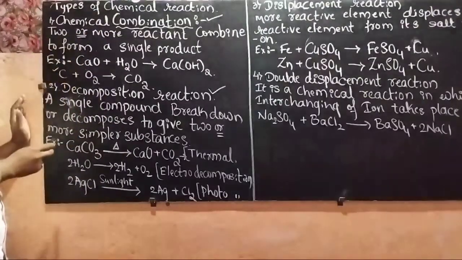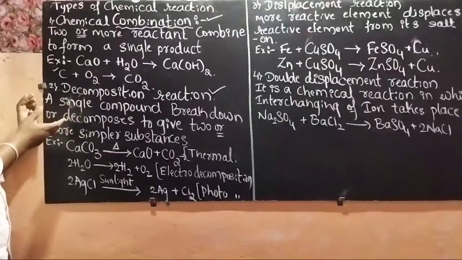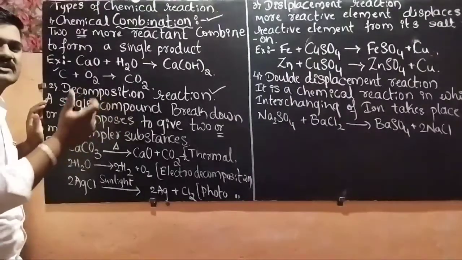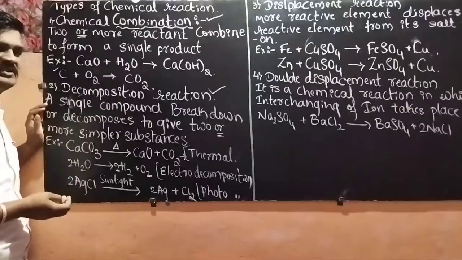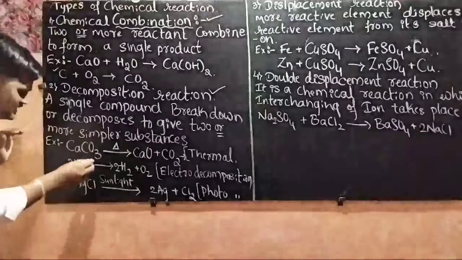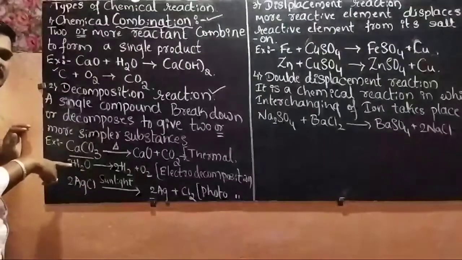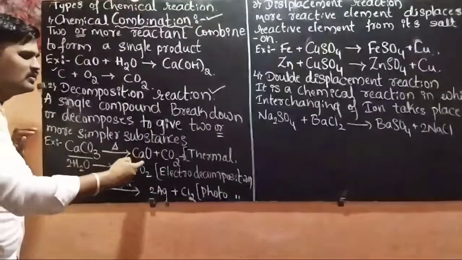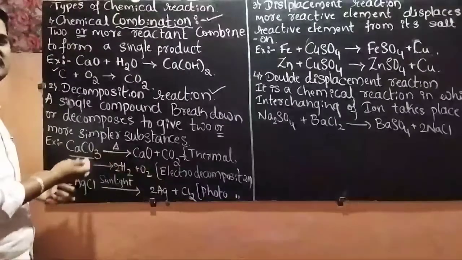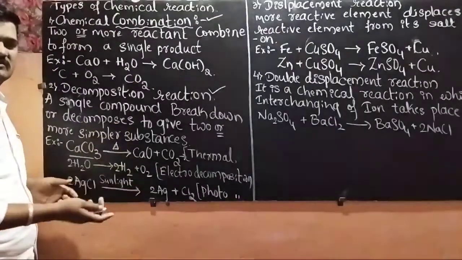In combination, two or more reactants react with each other to produce a new single compound. But in decomposition, a single reactant breaks down to give two or more products, either two or sometimes more than two.